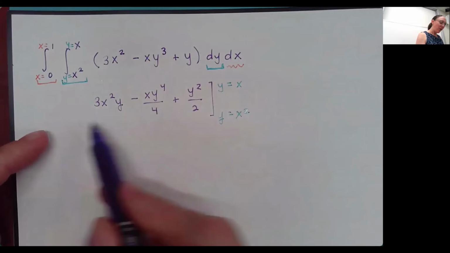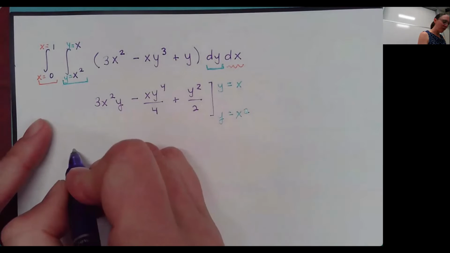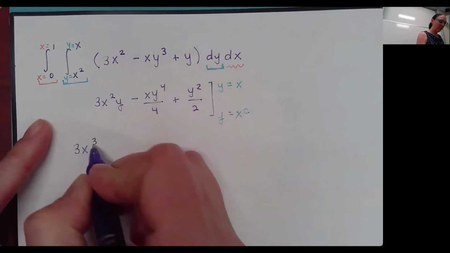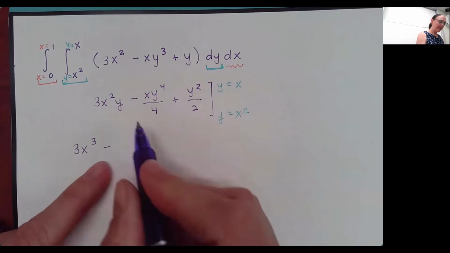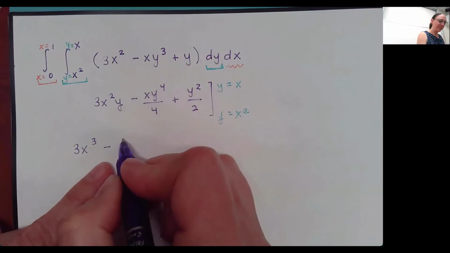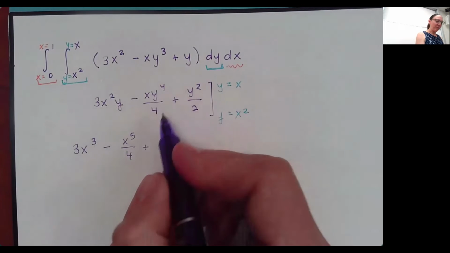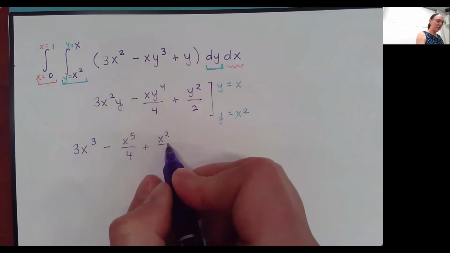So if I replace all of my y's with x's, this becomes 3x to the 3rd minus, replacing my y with x's here, that's a total of x to the 5th over 4. Replacing my y with x here is an x squared over 2.